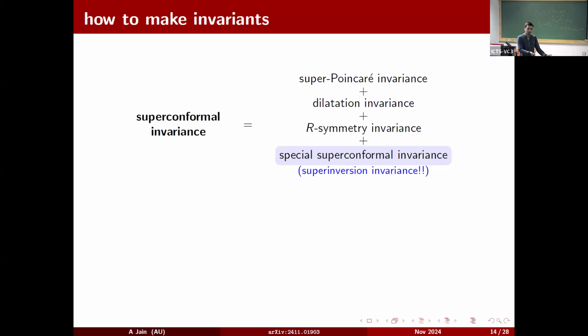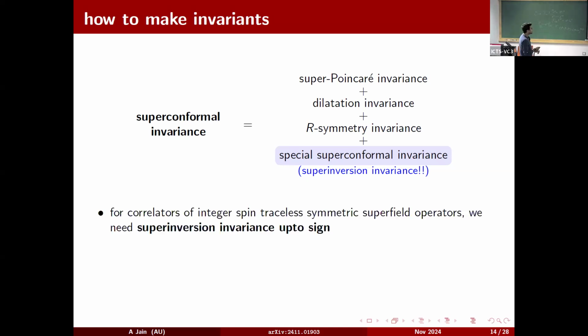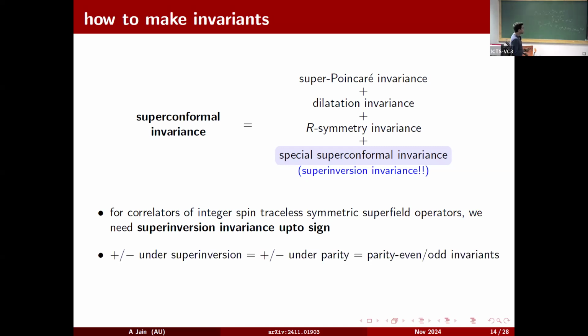Special superconformal transformations can be written as superinversion, super translation, superinversion. So I use the same property, and since I'll be looking at correlators of symmetric traceless operators only, I will have superinversion invariance up to a sign only. Okay, no conjugation.